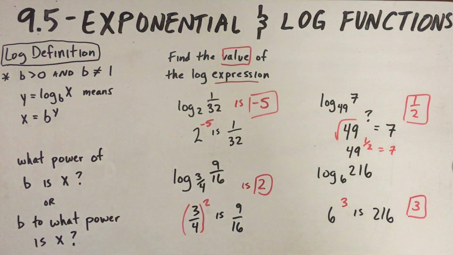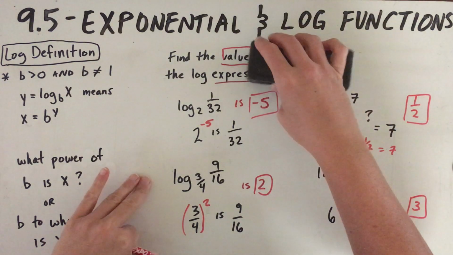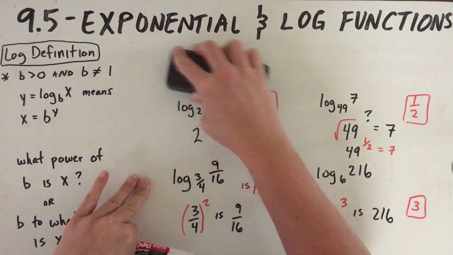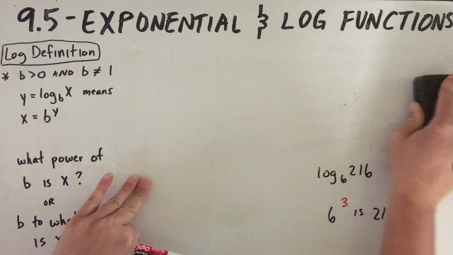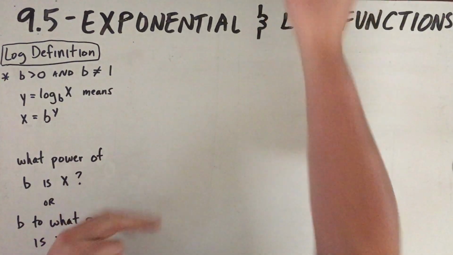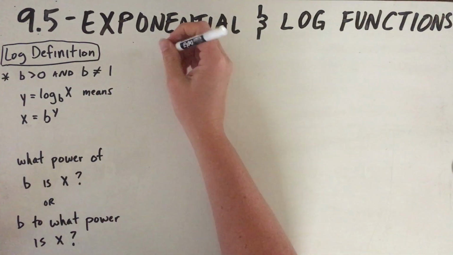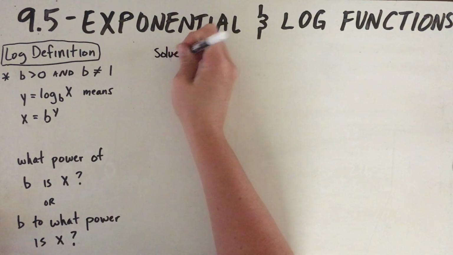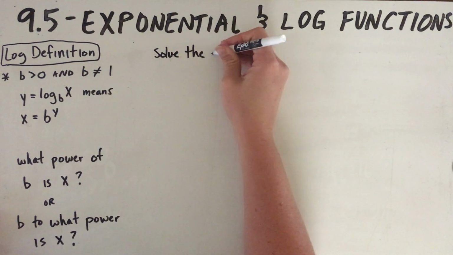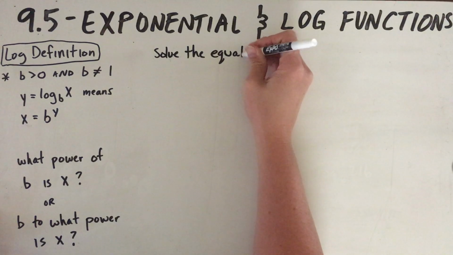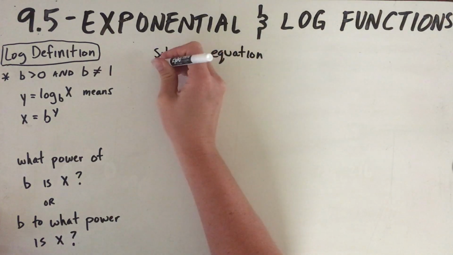The next thing that we're going to want to do here is solve a log equation. So what would this look like? We want to solve a log equation. Well, obviously there's going to be some unknown variable.